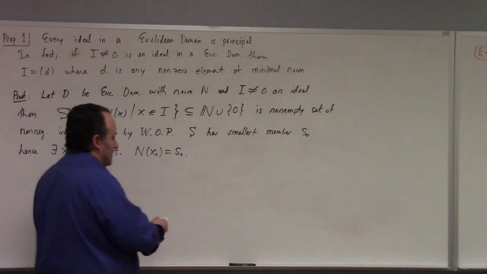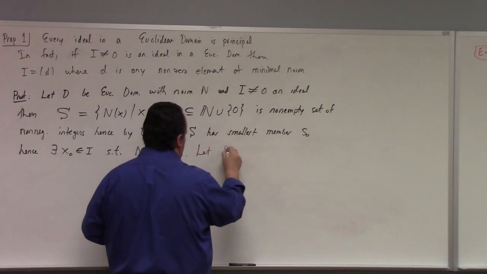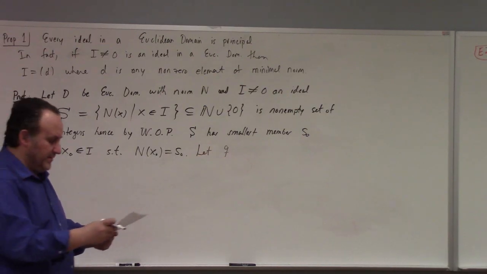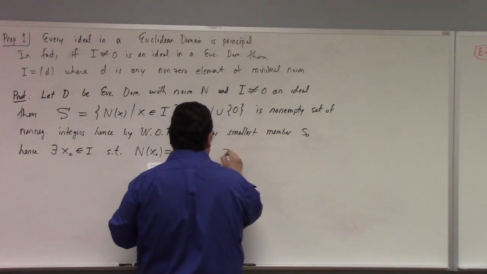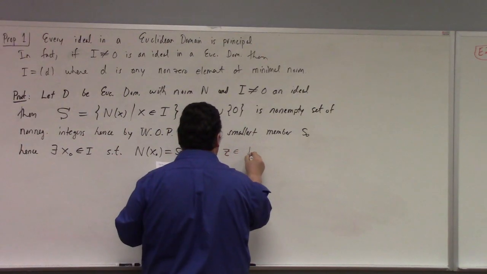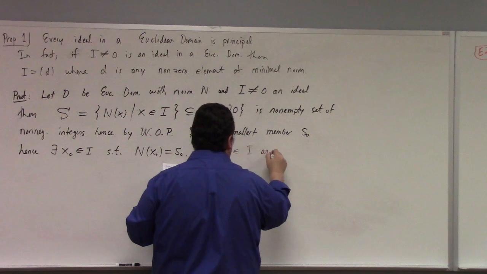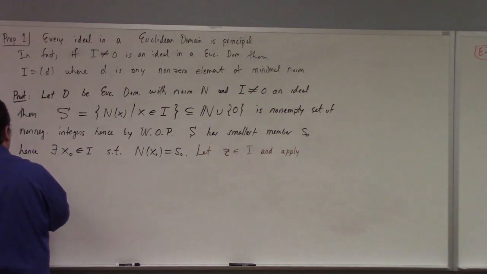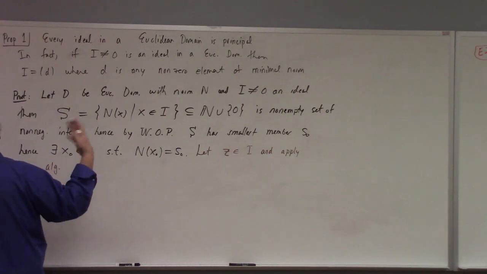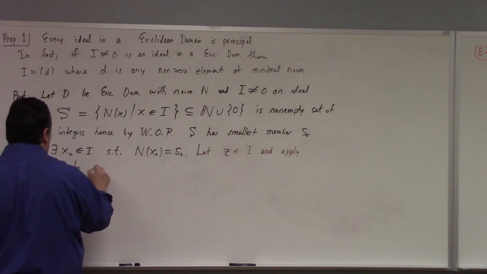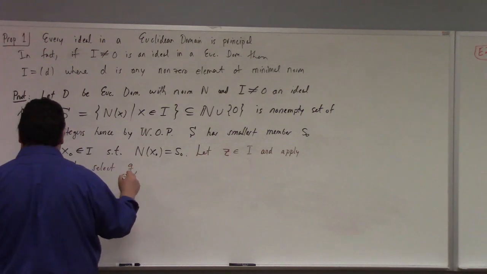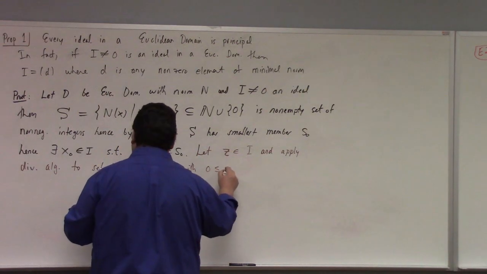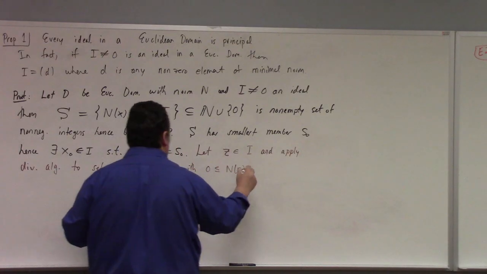So let z be an element of the ideal and apply the division algorithm, which we can because this is a Euclidean domain, to select q and r in D with 0 less than or equal to the norm of r less than the norm of x naught.